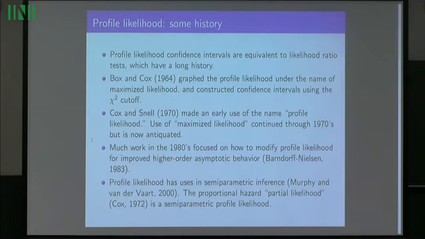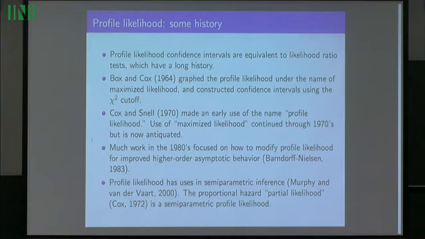I find profile likelihood a very useful applied tool, so I'm always frustrated that it doesn't get into the PhD curriculum, so students have to be taught it each time. But I think there's some historical reason why that's the case. Profile likelihood confidence intervals are equivalent to likelihood ratio tests. That has a long history.